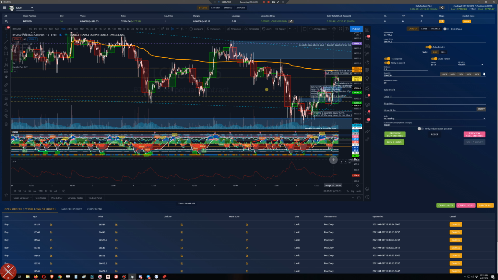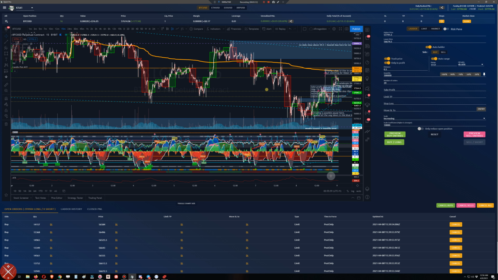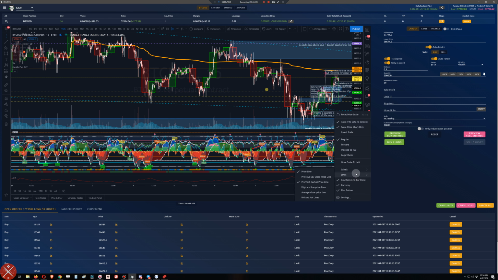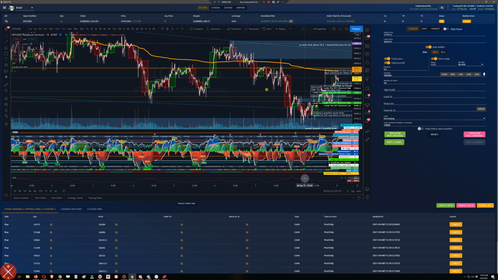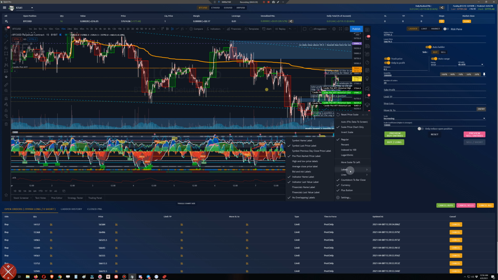However, what does matter is if you right click on the price scale here, you'll have labels, and here you'll have indicator name label and indicator last value label. If you have this enabled, it'll show you a whole bunch of indicators that are running through this.